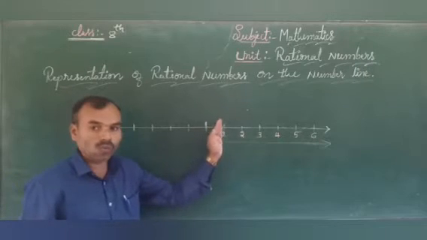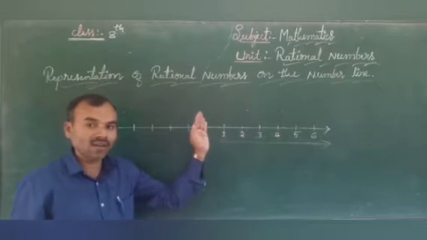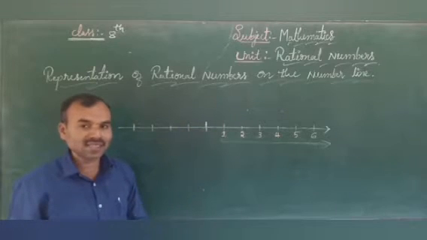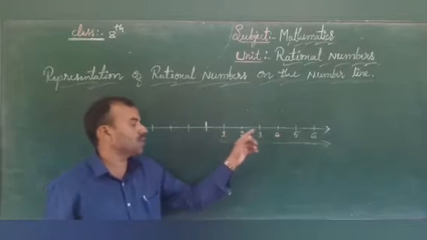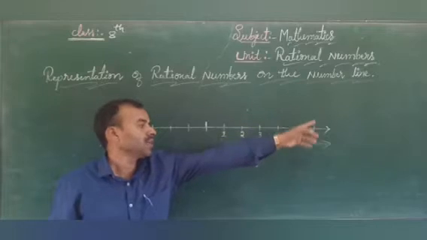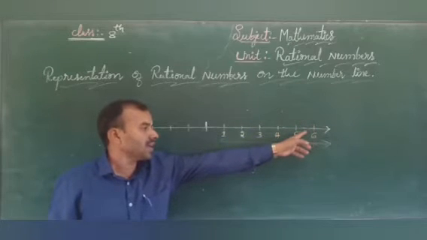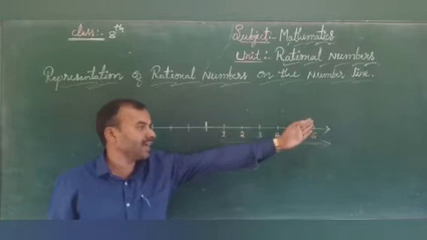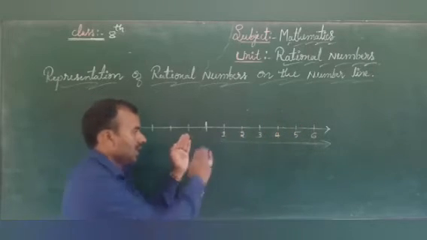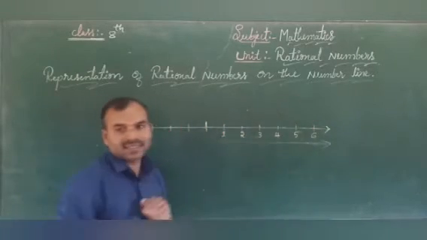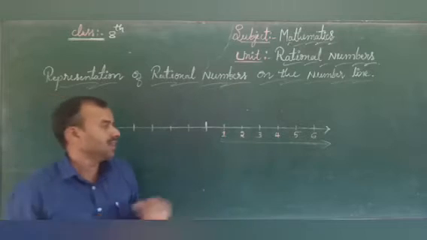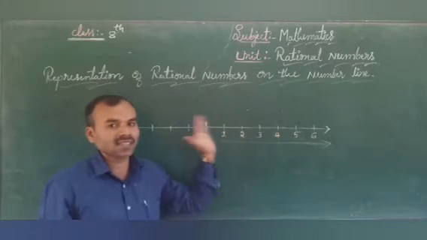Here 1, 2, 3, 4, 5, 6 and so on. These are the natural numbers.